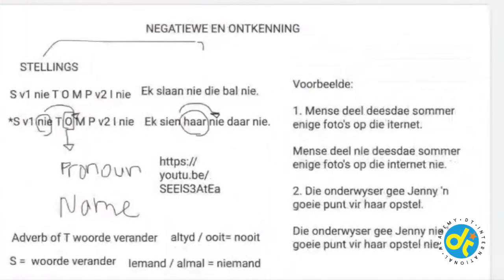Now let's quickly have a look at the vraag examples there, what we must remember if it's a question. So if I ask you, gee die onderwyser goeie punte? Gee die onderwyser goeie punte?